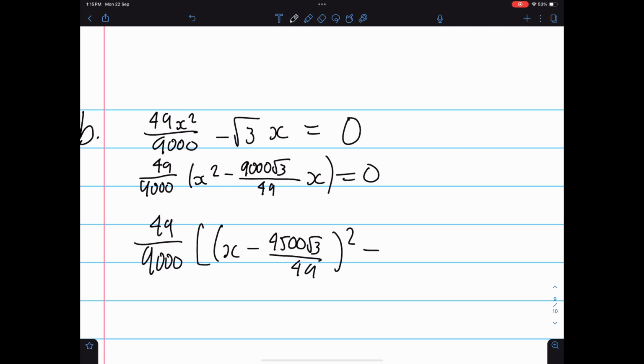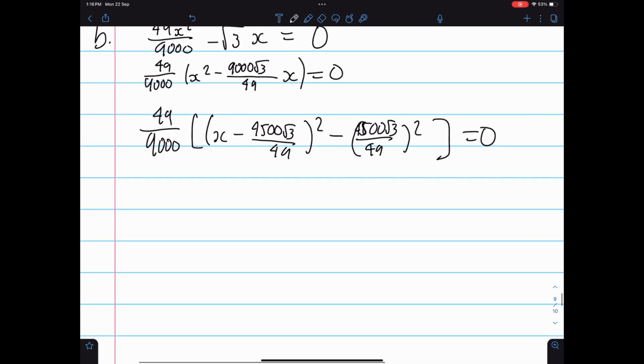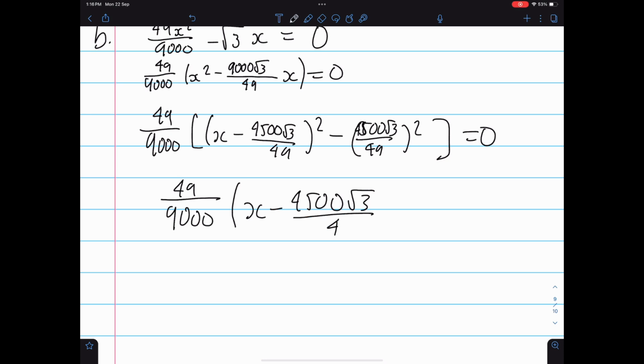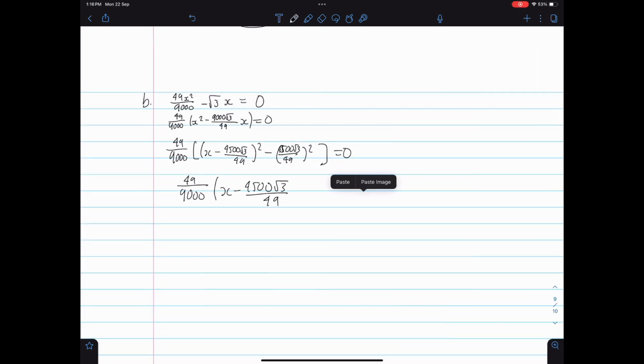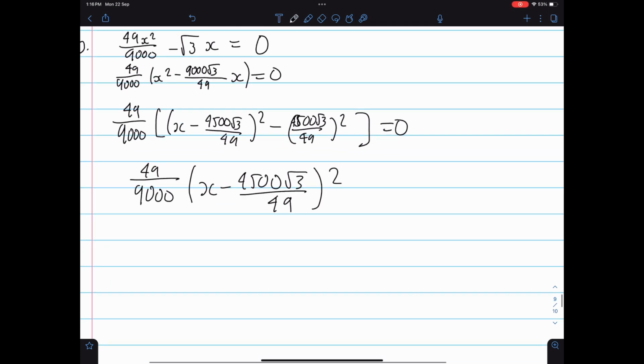Squared minus, and then you just have to expand this, and then honestly get out your calculator and compute this.